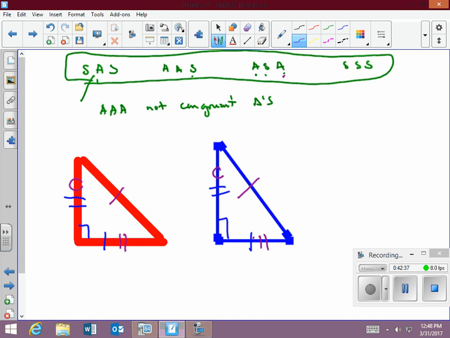How's that the converse? What does the Pythagorean theorem say? A squared plus b squared equals c squared. The sum of the squares of the lengths of two sides of a triangle equals the square of the third side.